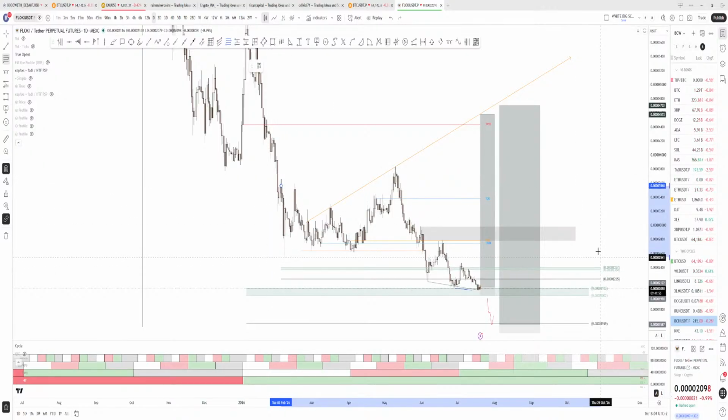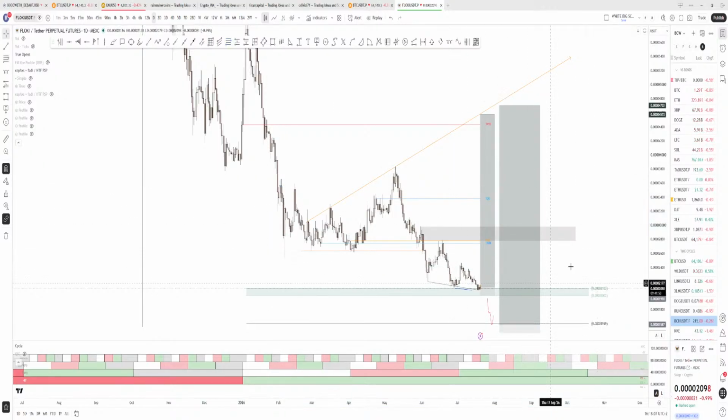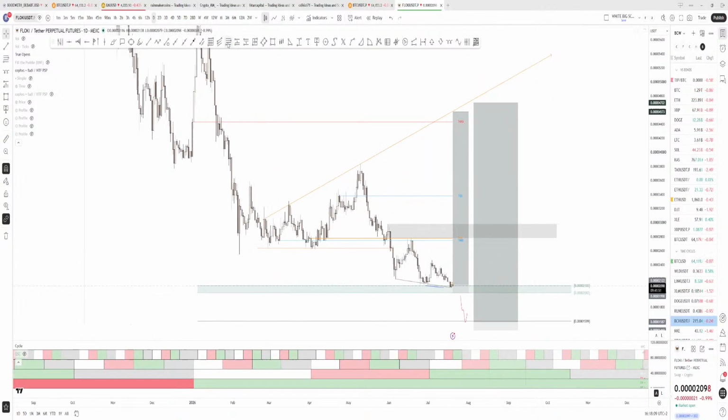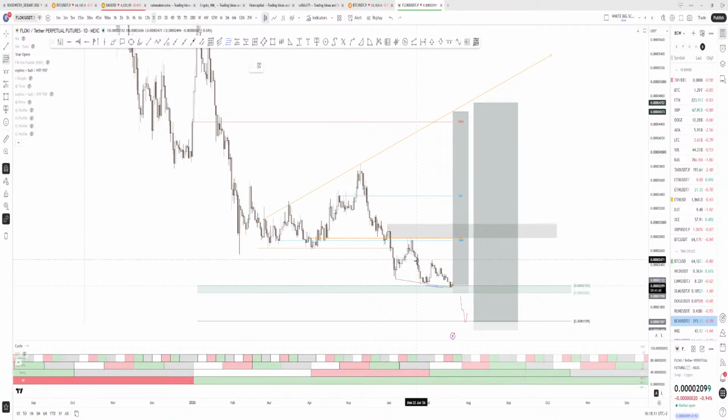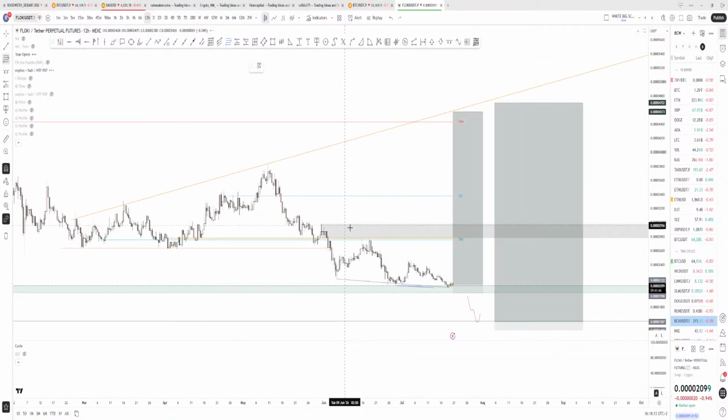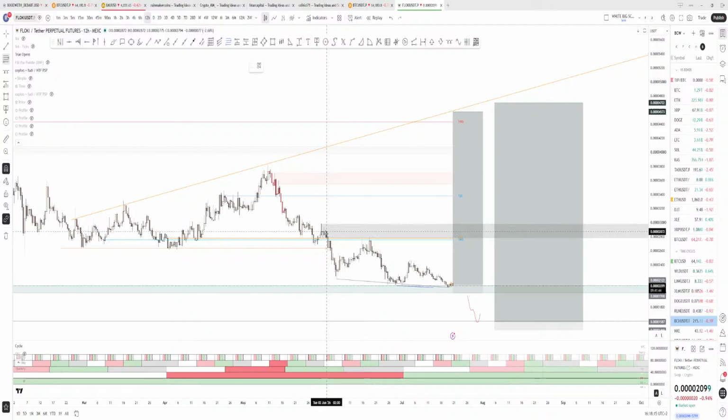Also notice this level. The one is swept already. Is there anything on 12 or in here? No, that's very messy. Unless this one could be possible.